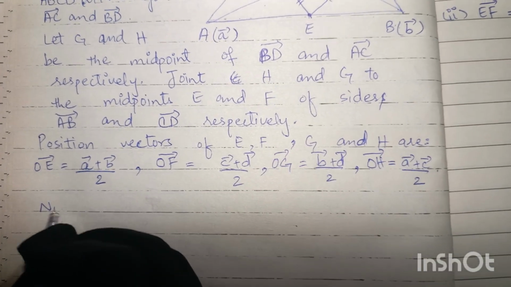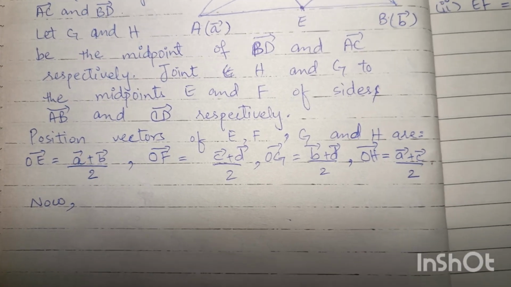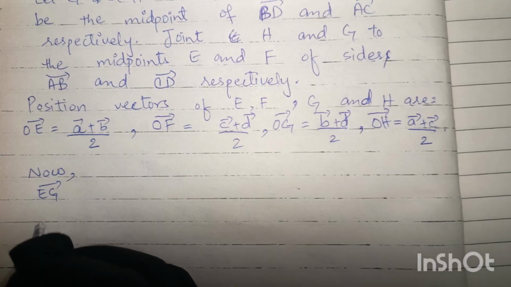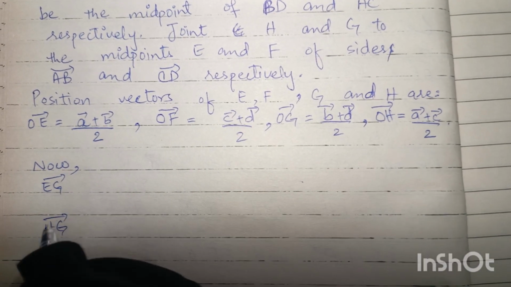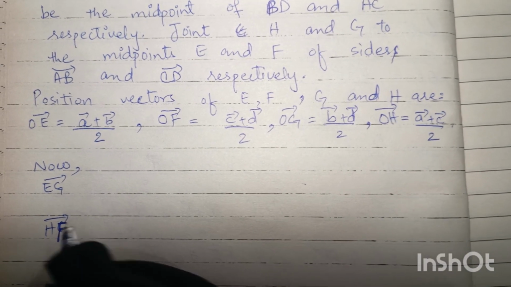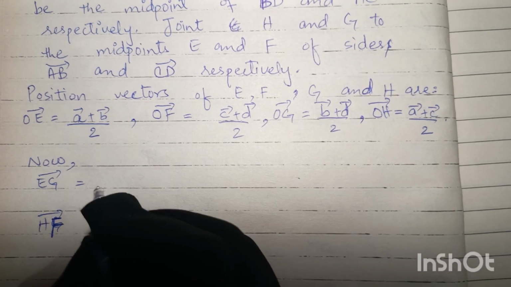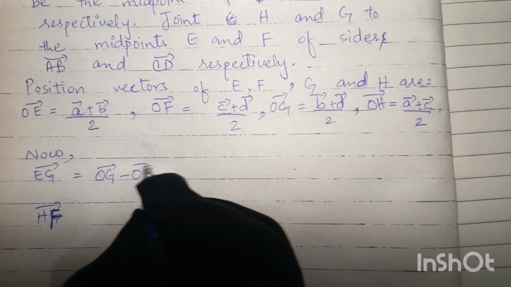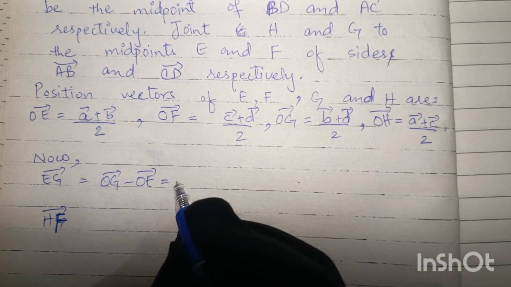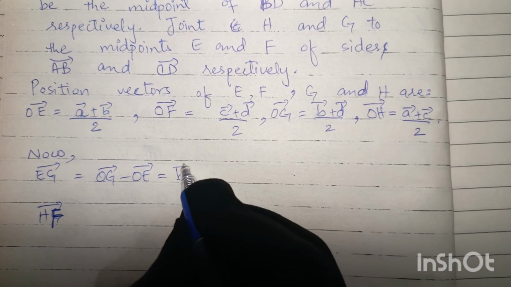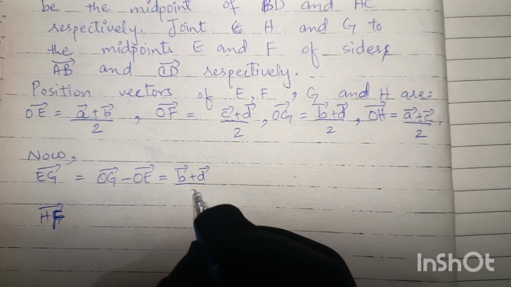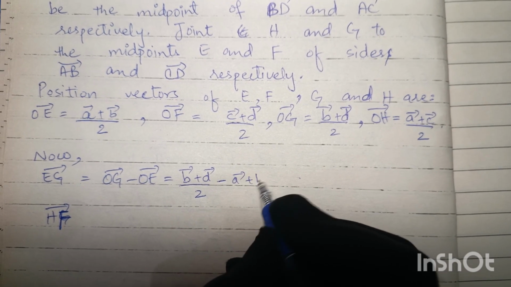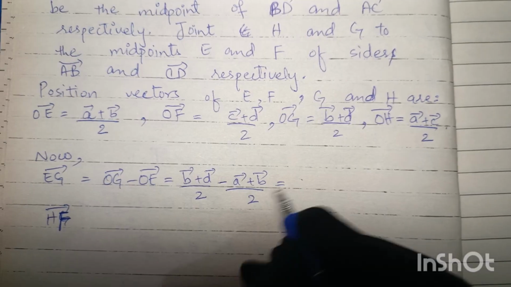Now EG and HF will be found out. EG is equal to OG minus OE, and OG is B plus D divided by 2 minus A plus B divided by 2.